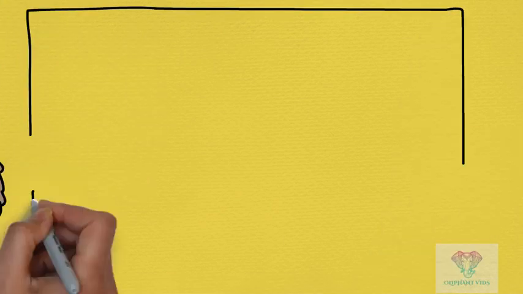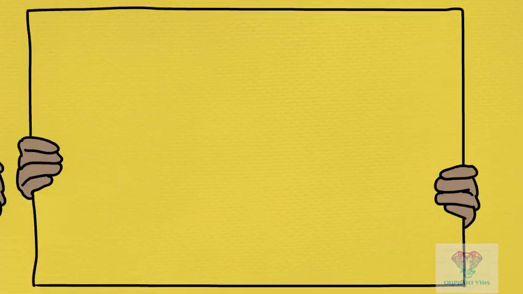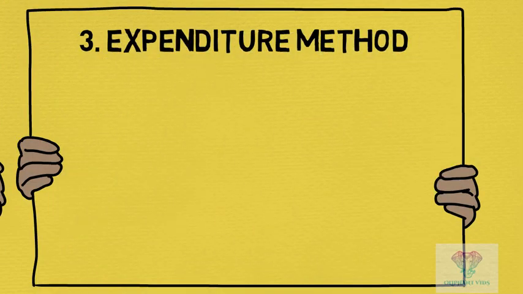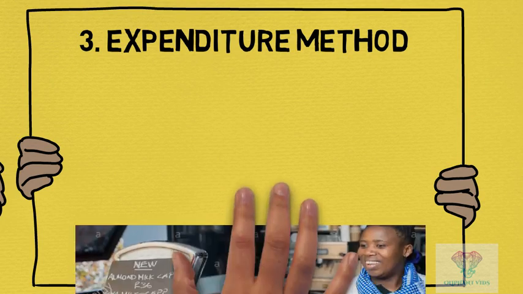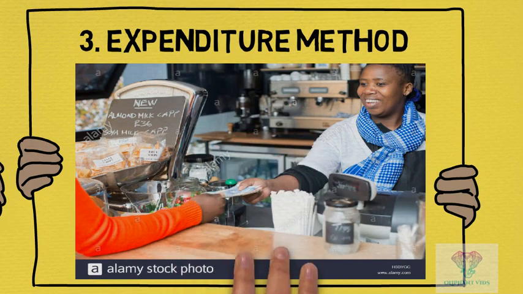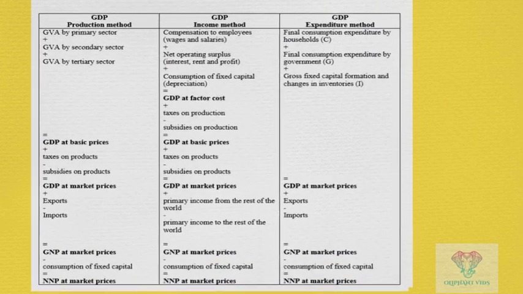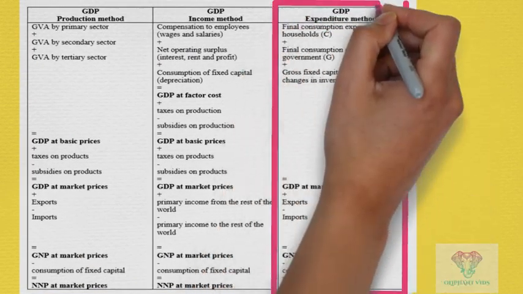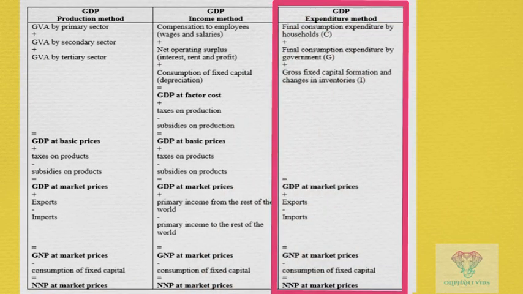Then the last type of method used to calculate GDP is the expenditure method. Now this is the total value of spending on final goods and services within the borders of a country. It's going to be calculated as follows. We're going to take our final consumption expenditure by households, plus the final consumption expenditure by government, plus your gross capital formation, plus your residual items.